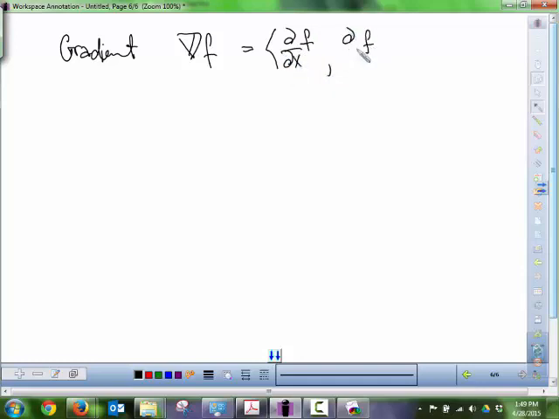This gradient business is denoted by this thing, right? And then what we get out of this is the partial of f with respect to x, the partial of f with respect to y, and if we have a third component, the partial with respect to z.